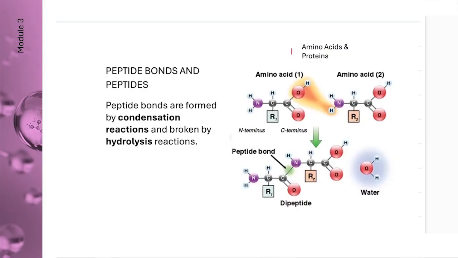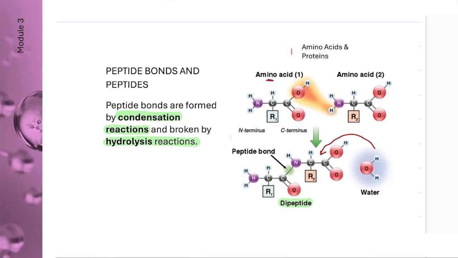In the same way, we can look at a hydrolysis reaction, which is like the reverse. Earlier on we talked about a condensation reaction, but if you break a dipeptide here in a hydrolysis reaction by adding water, what you form is two amino acids.